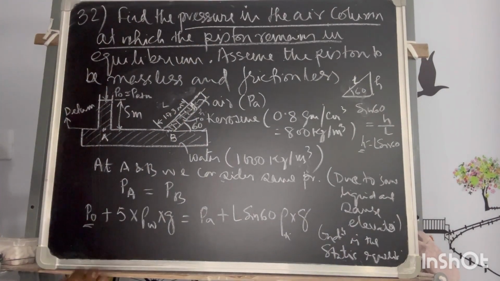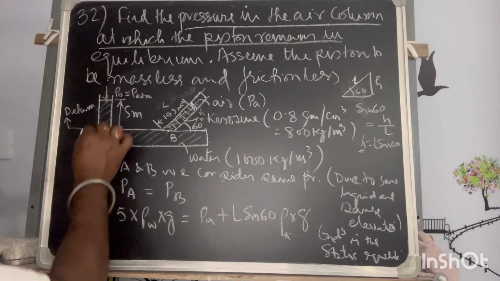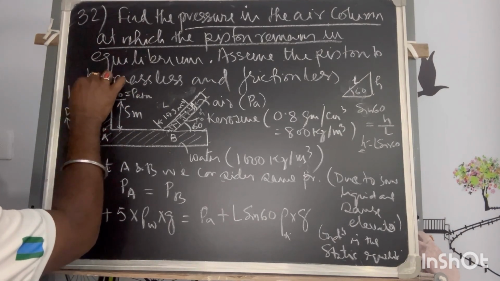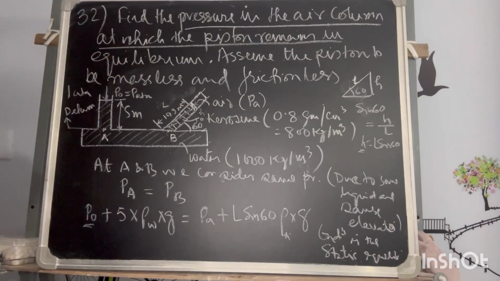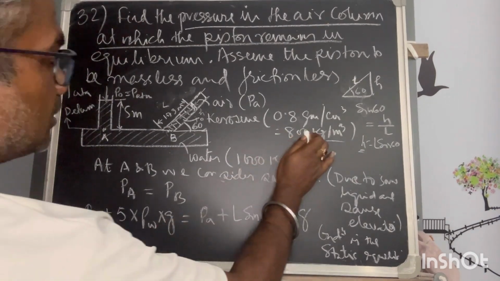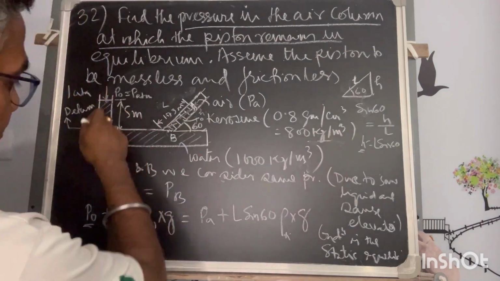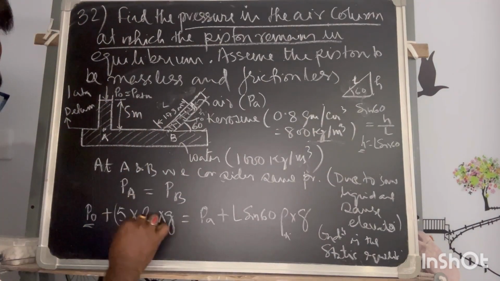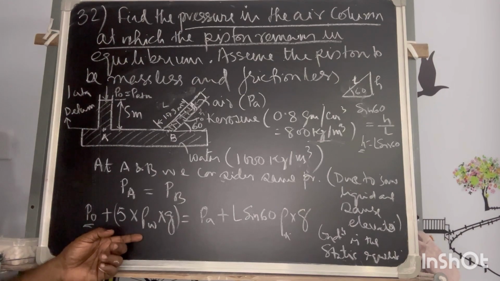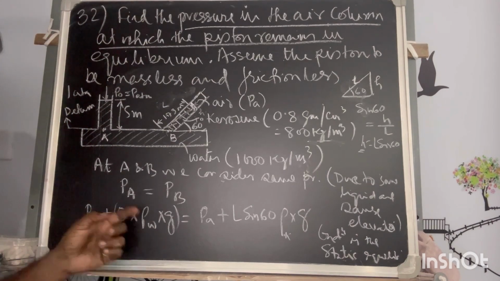Now what is this? This is the atmospheric pressure, 1 atm. The pressures, whatever we calculate, will come in Newton per meter square, that means in Pascal.